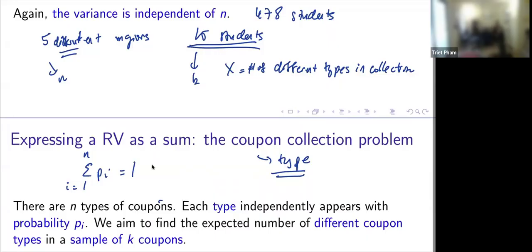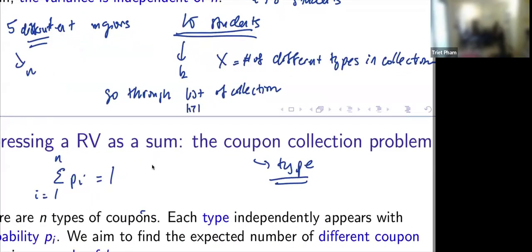Here's another helpful question to think about when you solve this. When you sum things up, you go through some list. But what list are you going through here? You can either go through the list of coupons in the collection, or you can go through the list of types.